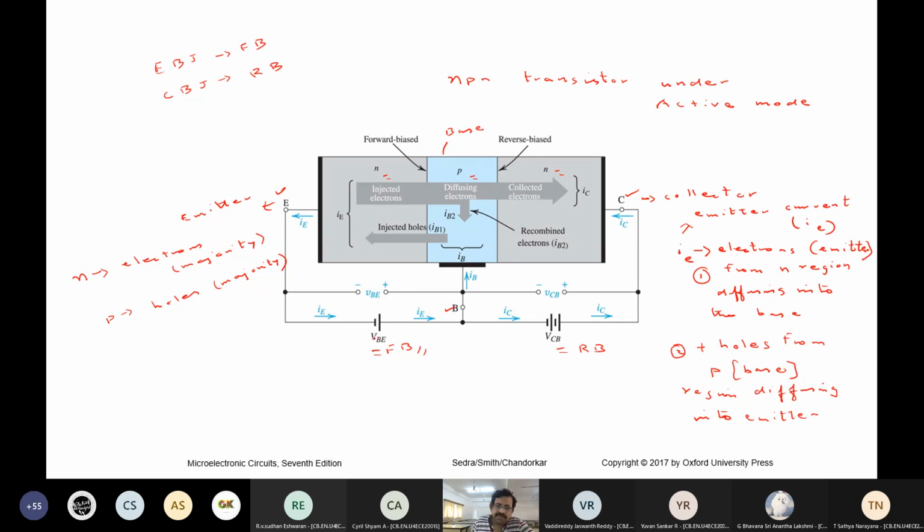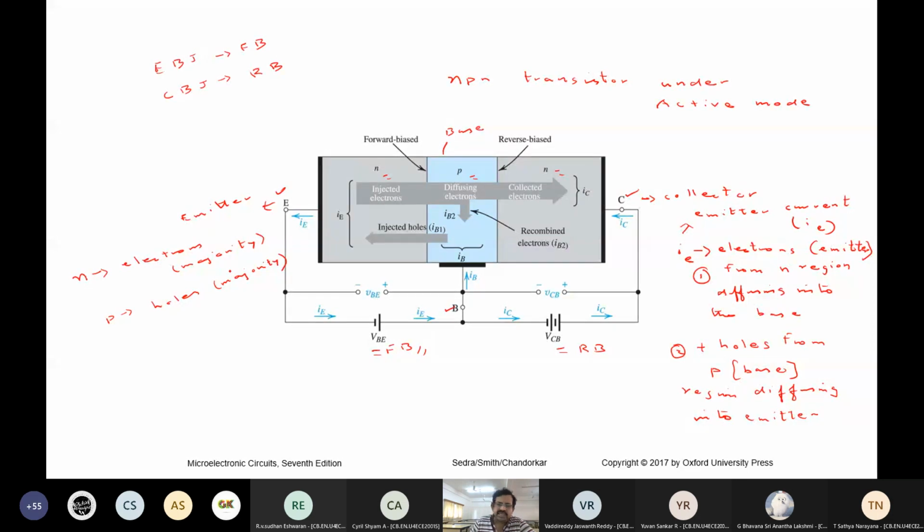Obviously, it will depend on the VBE, and how much it depends is given by the diode principle itself. Under forward bias, I equals IS exponential of V by VT, where VT is the thermal voltage.